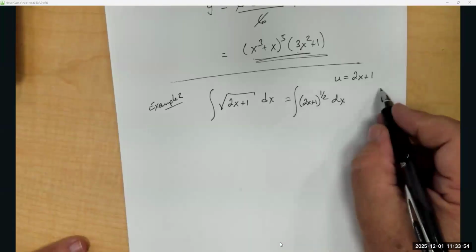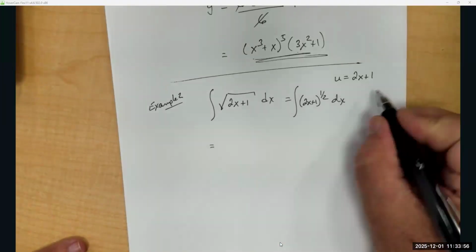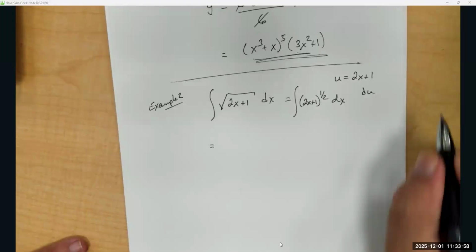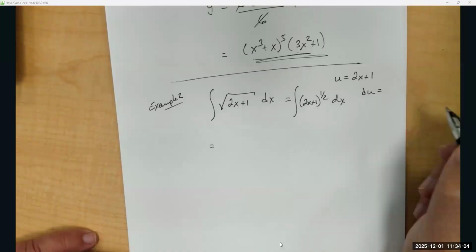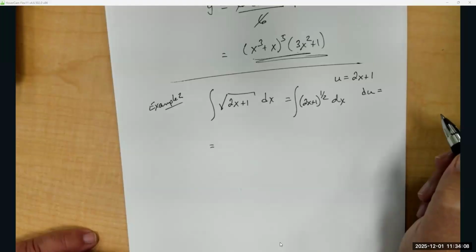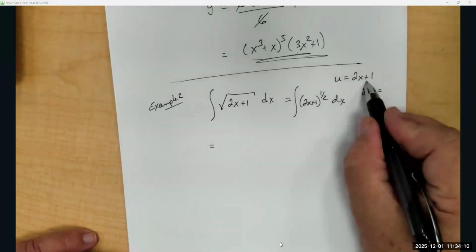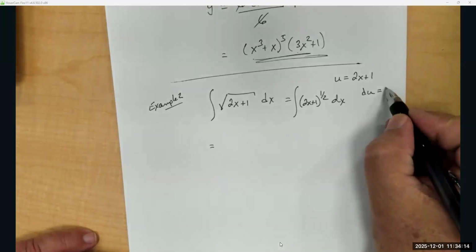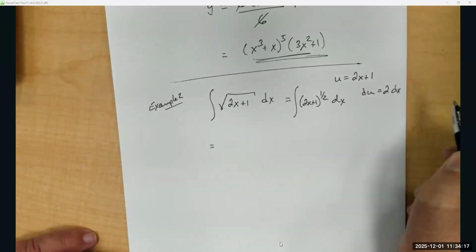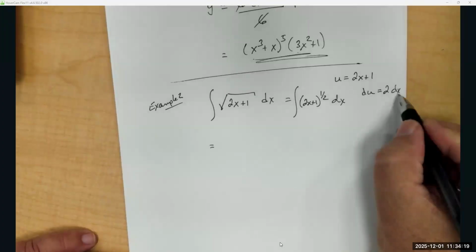So now that we have that, we need to have a du. What's du going to be? If that's u, what's du? 2 dx.